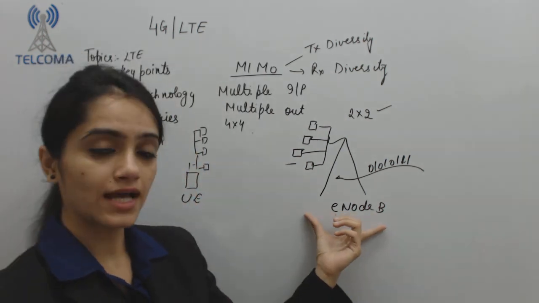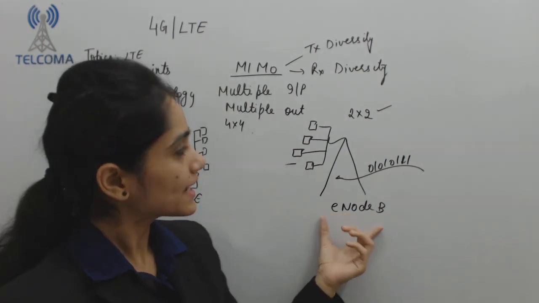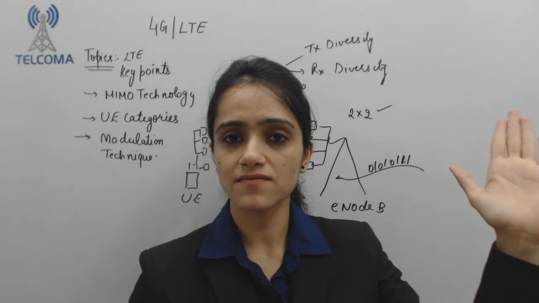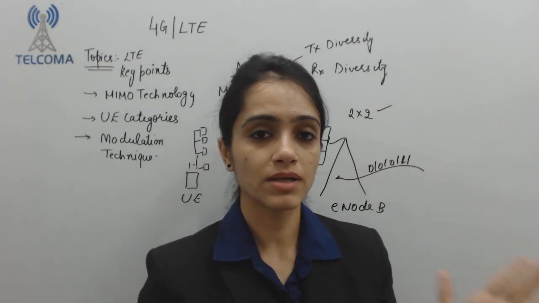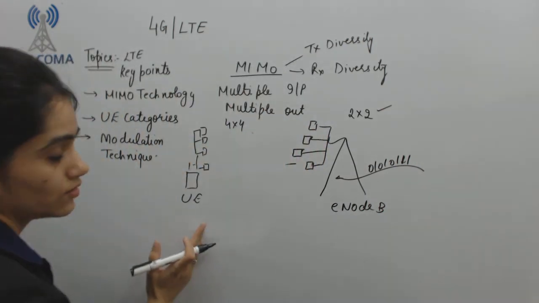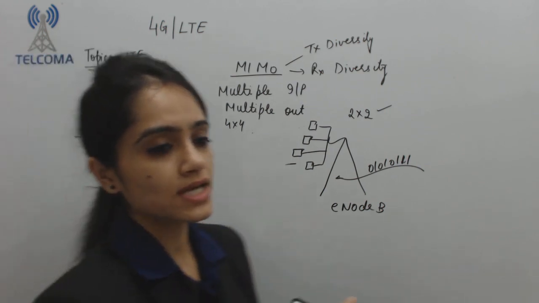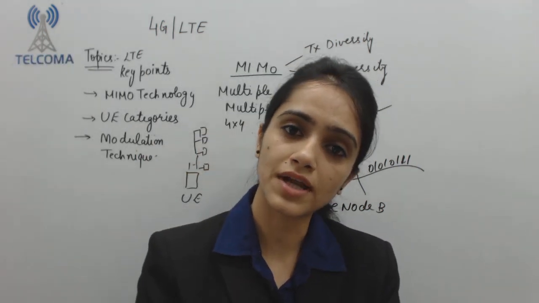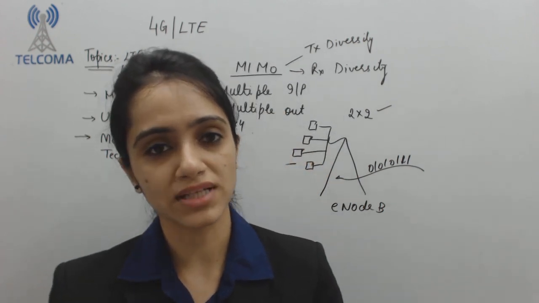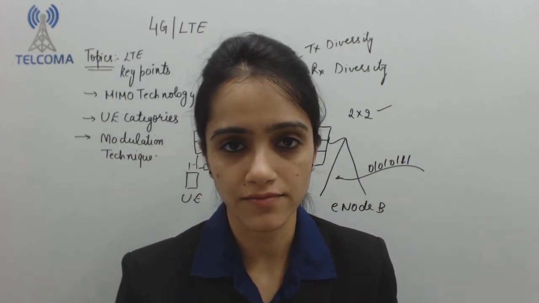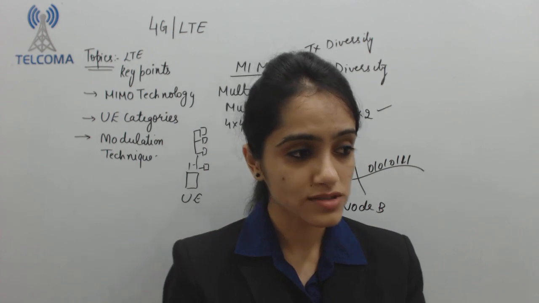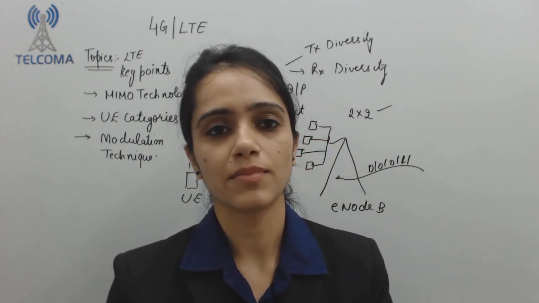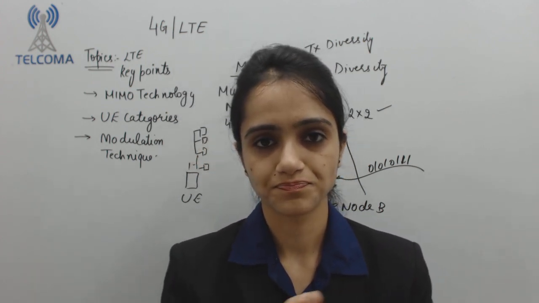Because the network has unlimited capacity, I can add multiple transmitter receivers here. But the problem arises with the UE, because the UE is a portable device. If I add a new transmitter receiver, it will make my system bulky and the configuration will be very tough. And also, the UE being a small equipment does not require such speed.